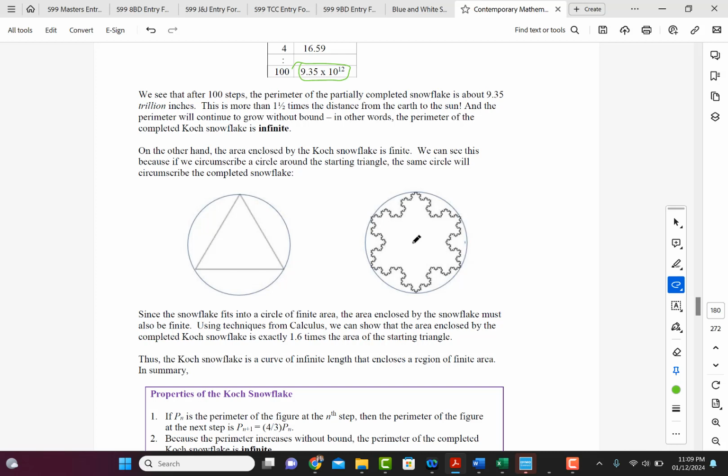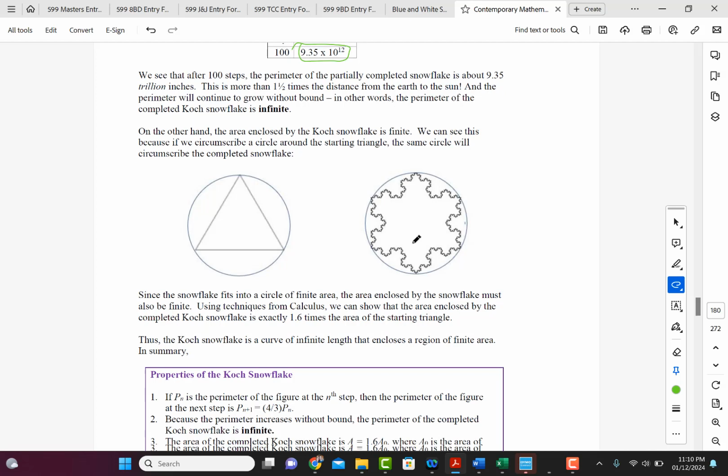Okay, using techniques from calculus, we can actually show that the area enclosed by the completed snowflake is exactly 1.6 times the area of the starting triangle, which is also kind of cool. Thus, the Koch snowflake is a curve with an infinite length that encloses a region of finite area.